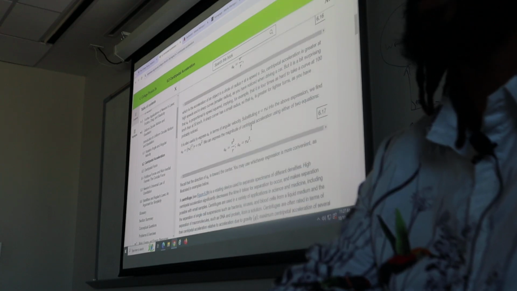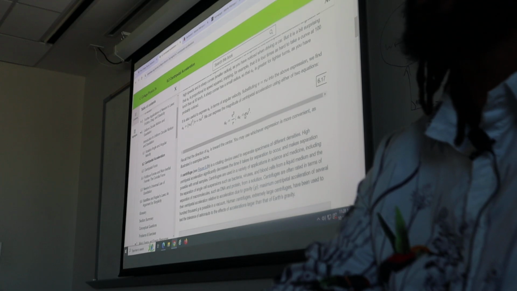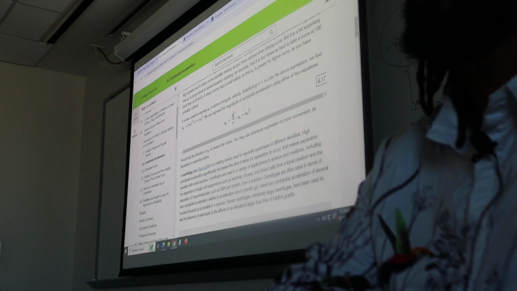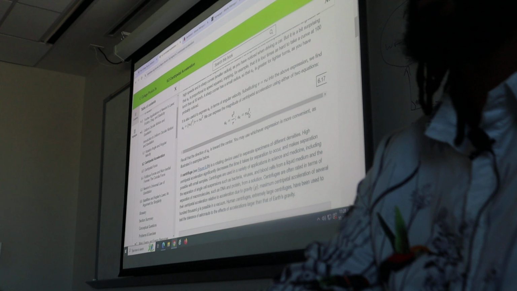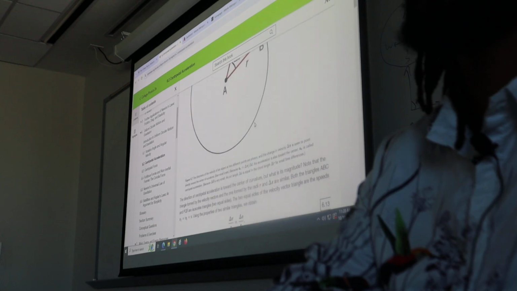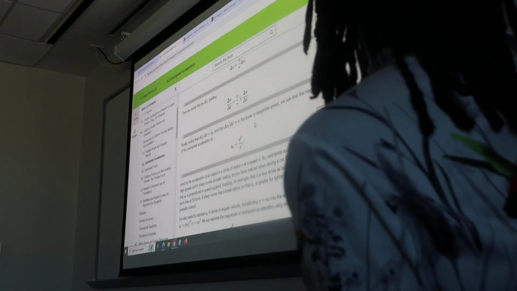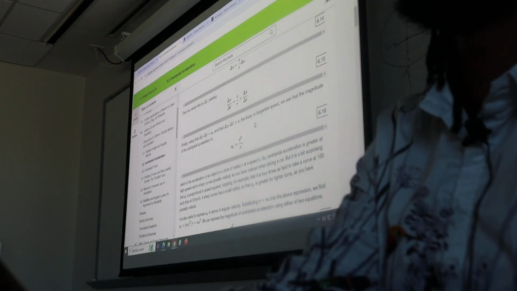So we have these equations: centripetal acceleration equals v squared over r, or in terms of omega, where omega is d theta over dt.